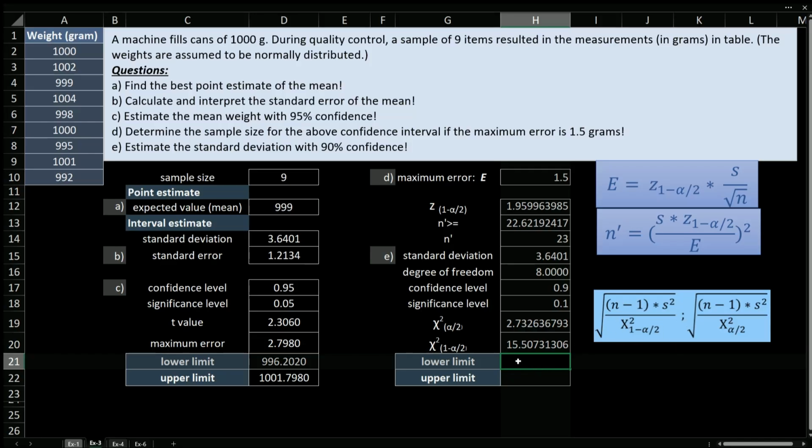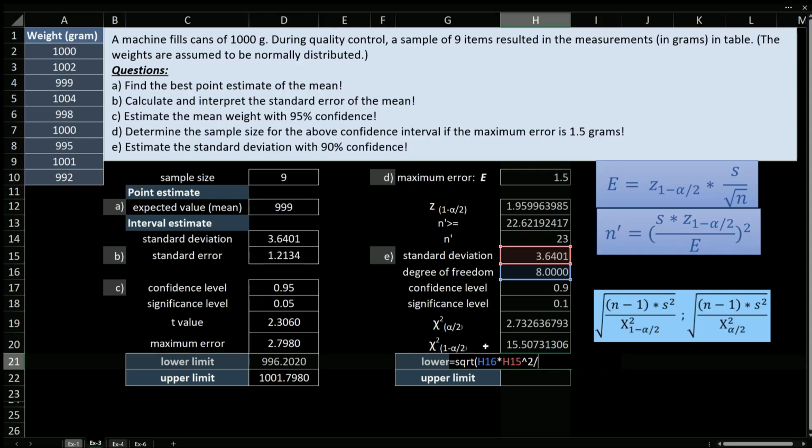I need one SQRT at the beginning, n minus 1, which is exactly that degree of freedom I already calculated here, multiplied by s squared. This is s, and that one is squared, divided by chi squared. This is the lower limit.